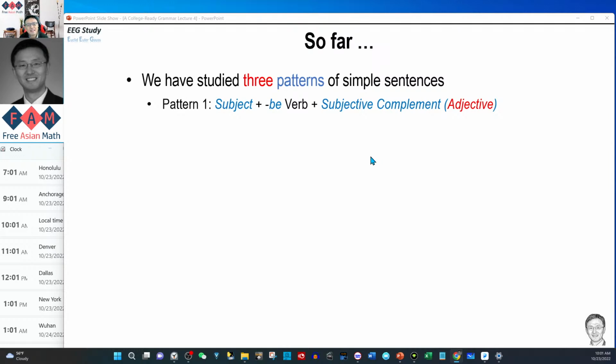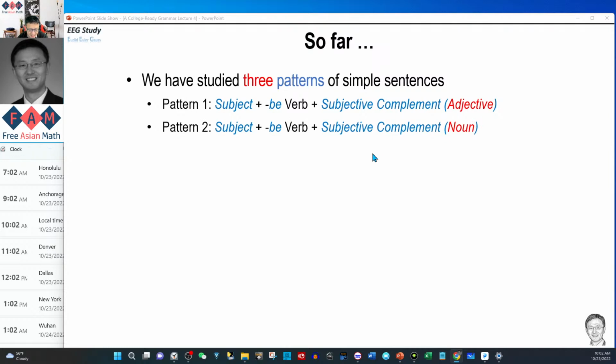Remember, the be verb is the most unique verb in English because it has 8 different forms, including the basic be itself. But that's not the focus of today. So for pattern 1, we have a subject, then a be verb, then a subjective complement, and that's an adjective.